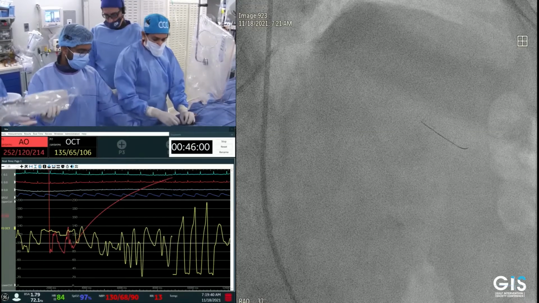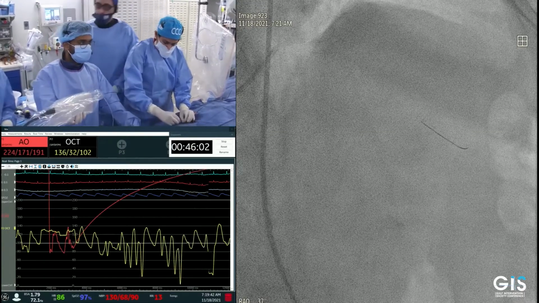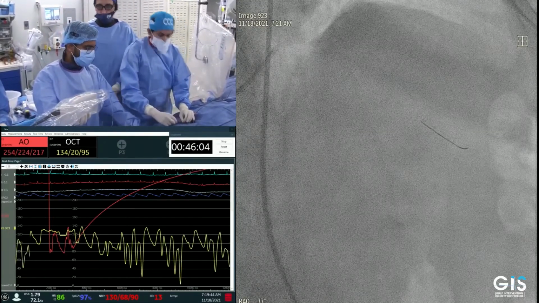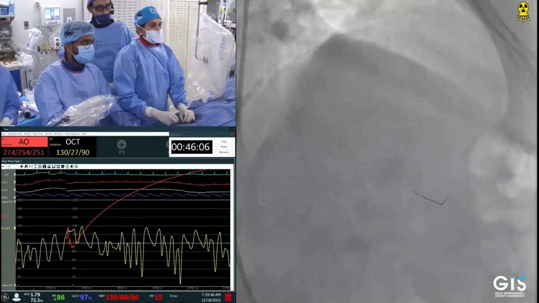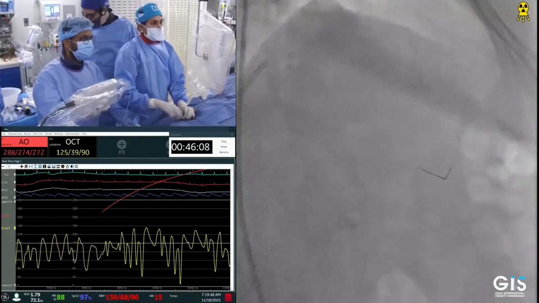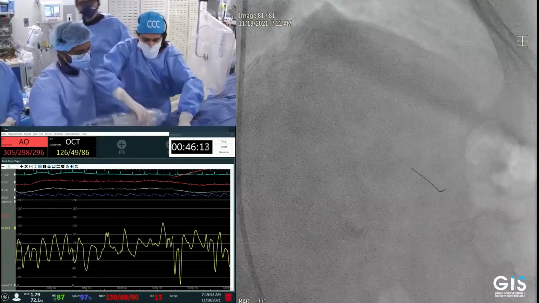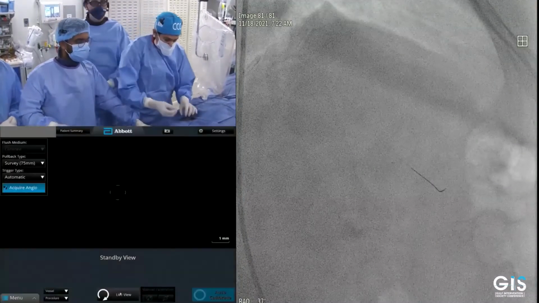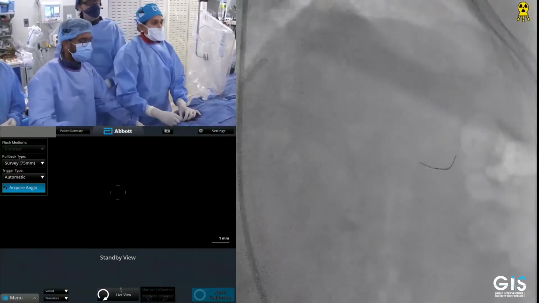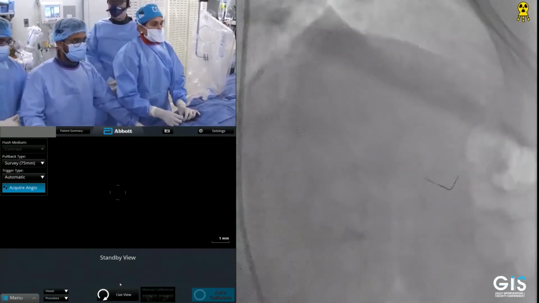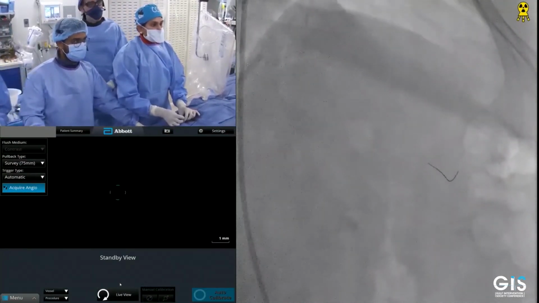Thank you very much. I just wanted to point out to the audience that we just saw an end-hole catheter doing an LV gram, and that is something we are quite against. Hopefully the audience won't copy that. Let me explain: this is not an injector run.